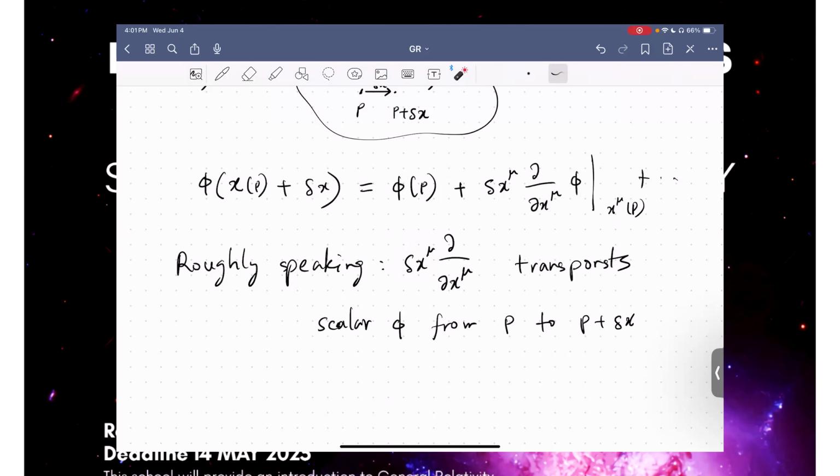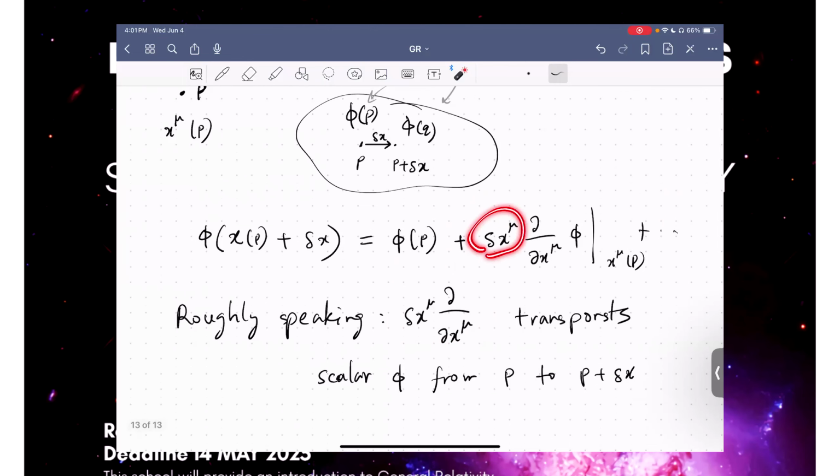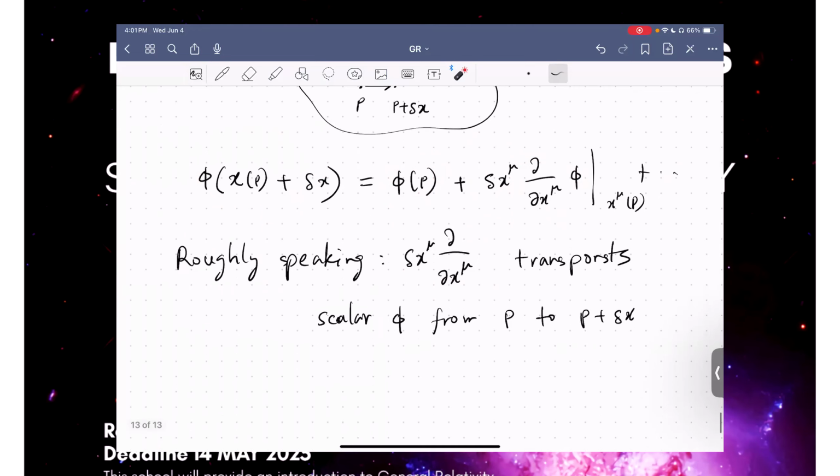Now, obviously, if there are higher order terms that you cannot ignore, when δx is not infinitesimally small, then you cannot really say that, because it's not just this thing that transports, but you also have to worry about all the other higher derivative terms. But when δx is small, this first order differential operator is what takes you from one point to another point.